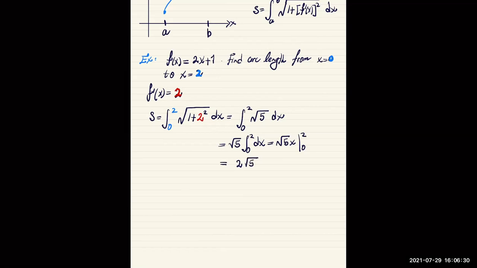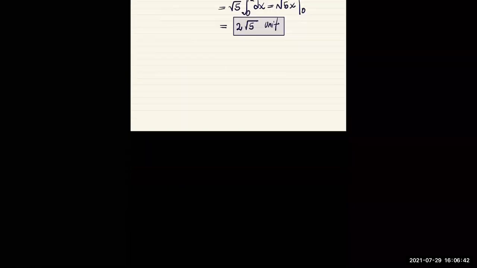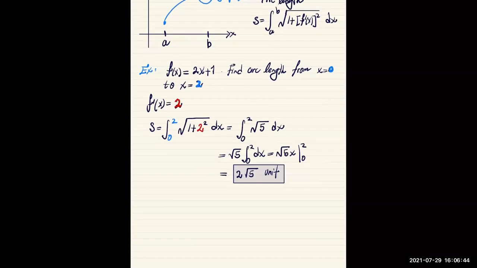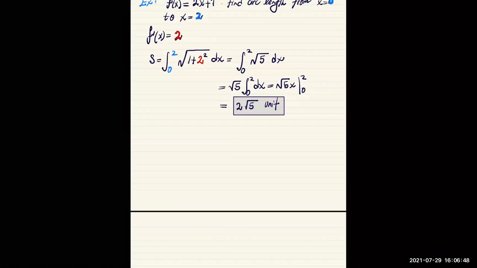And then when you plug 0 in, you just get 0. So 2 root 5 units. I have to attach units here because we are talking about length. Okay? So does this make sense? Well, let's see. Let's check our work. Let's look at the 2 points.